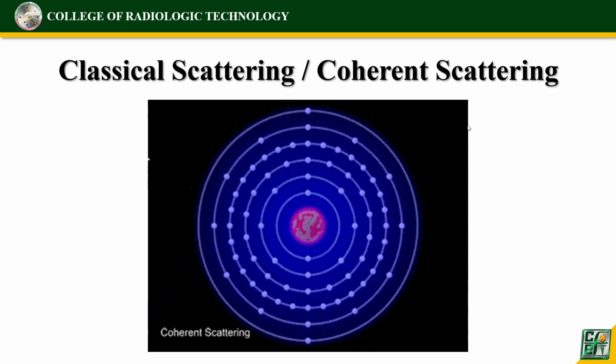What's the reason for the change of direction? Kasi nga, sinabi ko nga, wala siyang energy loss. Pero dahil bumangga siya sa orbital electron, okay? So nagkaroon ng change of direction. So isipin mo na lang, nagbi-billiards ka. 'Di ba?